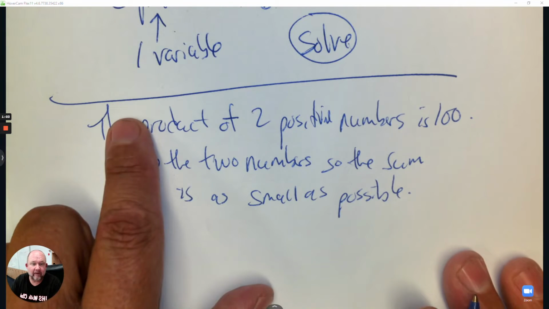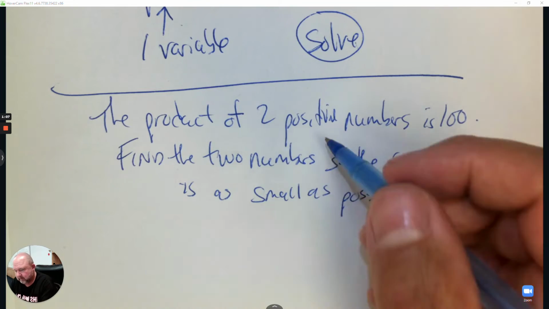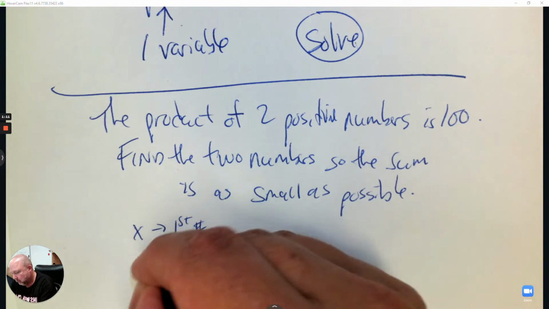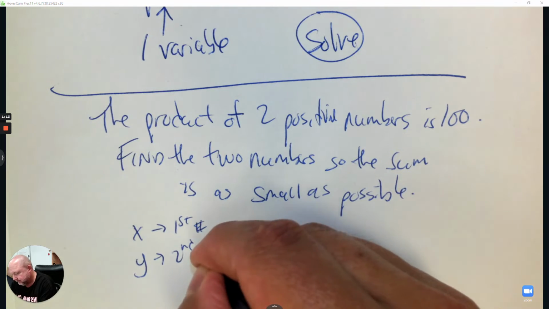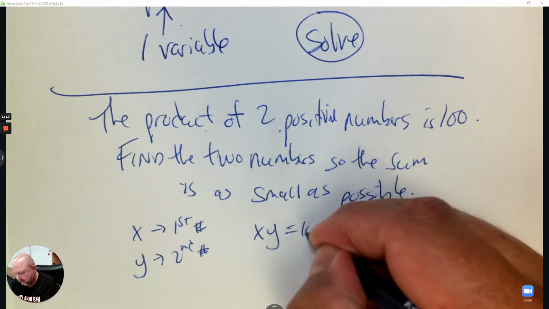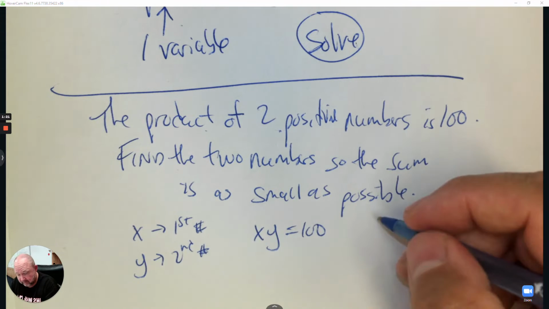All right, so this, as small as possible, means it's a question to do with minimum. So we have two numbers. So x can be the first number, y can be the second number, and it says the product of two positive numbers is 100. And it says find the sum, so it's as small as possible.